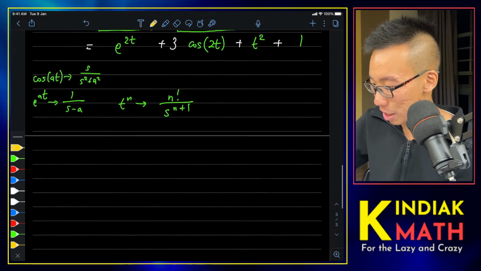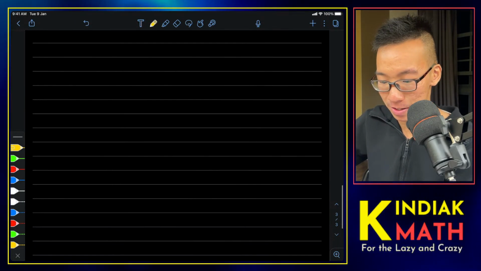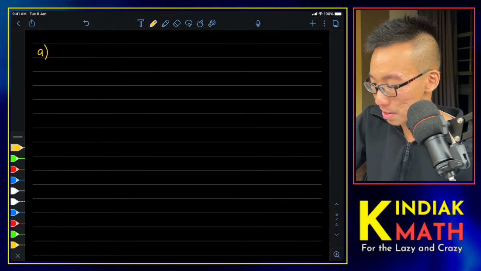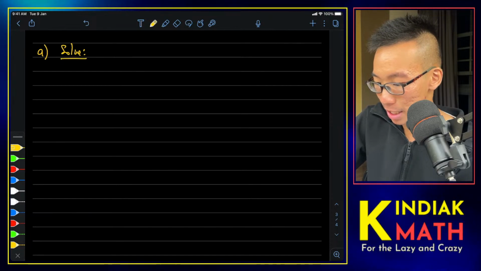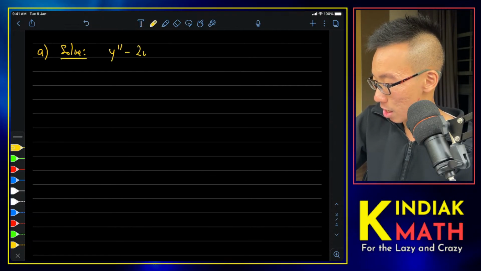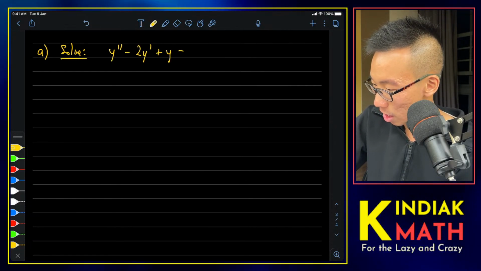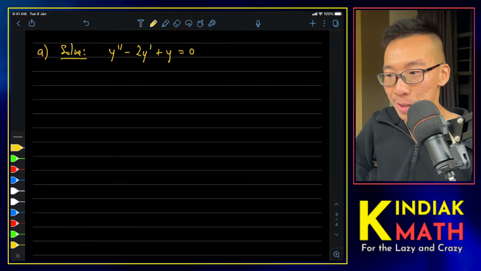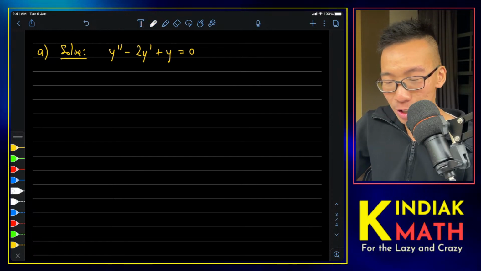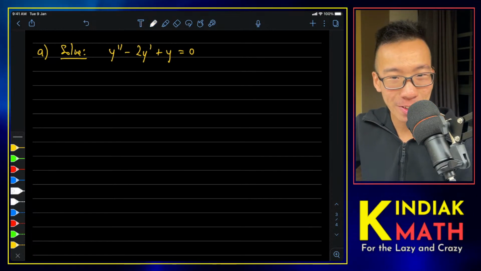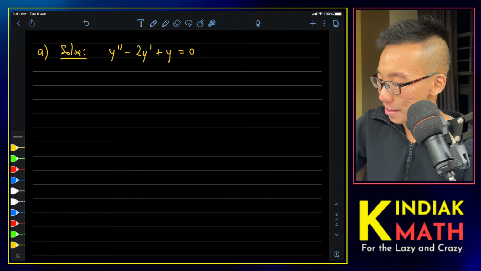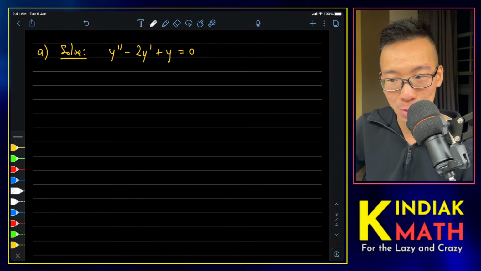Alright, for this next question, we have a few parts. For part A, we need to solve this particular differential equation. Now to solve this differential equation, you may have remembered the technique, you might have forgotten it. In either case, we will first write this using what we call D notation.